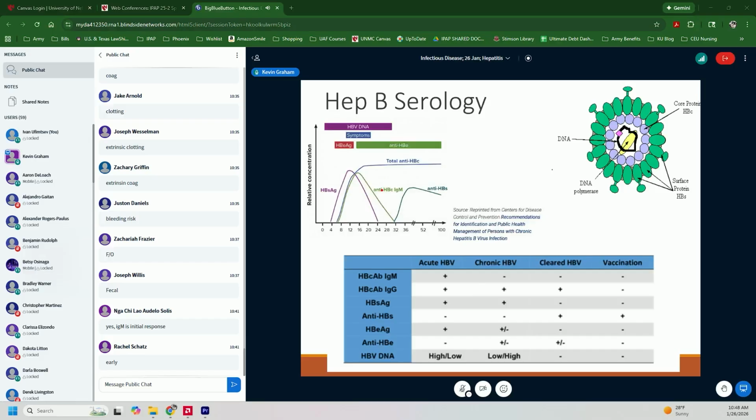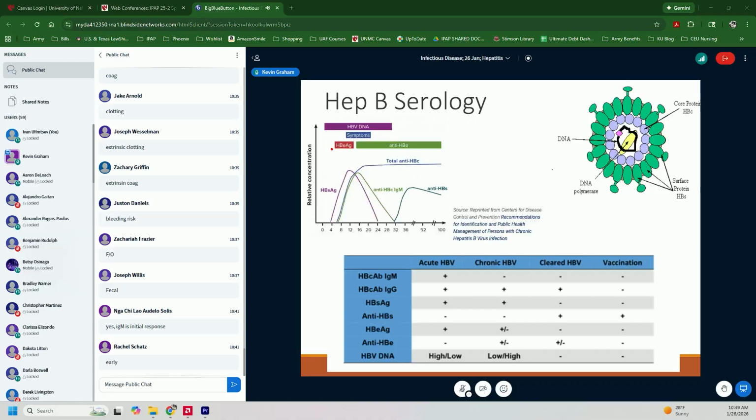So it's an antibody, hepatitis B core IgM. That peaks right after your surface antigen. While that is also happening, we're starting to get IgG of the hepatitis B core as well. So again, two there. And then slowly we'll end up with antibodies to hepatitis B surface antigen. So that's kind of the timing of what happens.